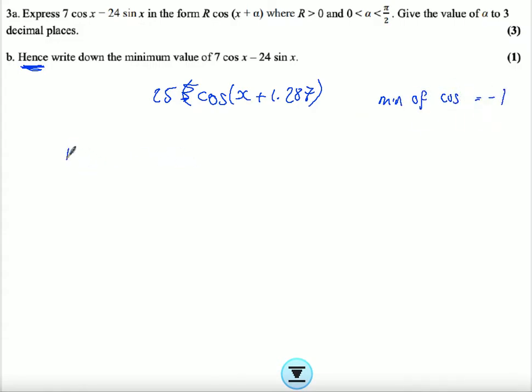So therefore the min of this function is 25 multiplied by -1, which is -25.